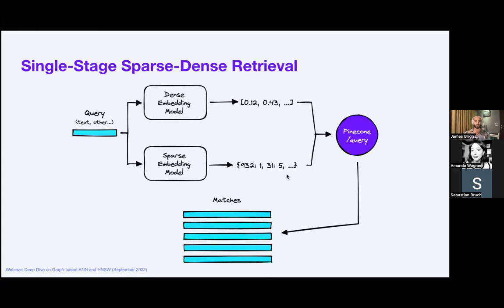You get your sparse vector over here, your dense vector on top, and then you would pass that into Pinecone to perform your query, and you get a load of matches. Now, those matches are based on both your sparse and your dense vectors. So it's not just one or the other, it's on both. And it's all wrapped into a single stage of retrieval.